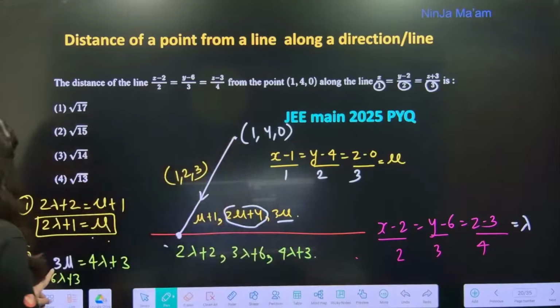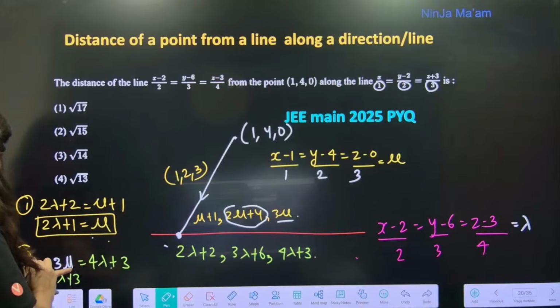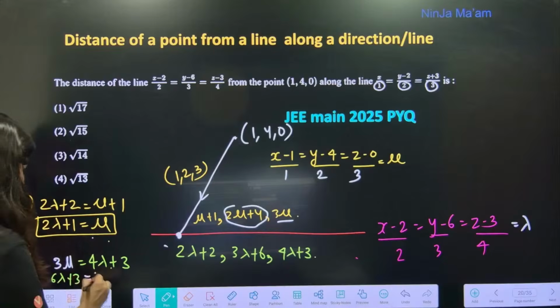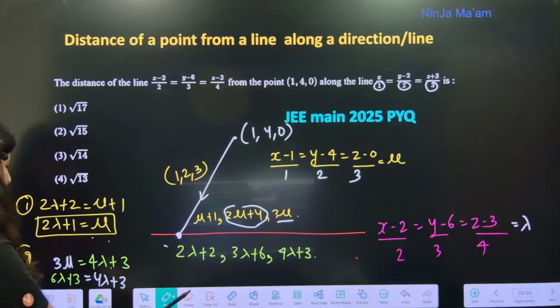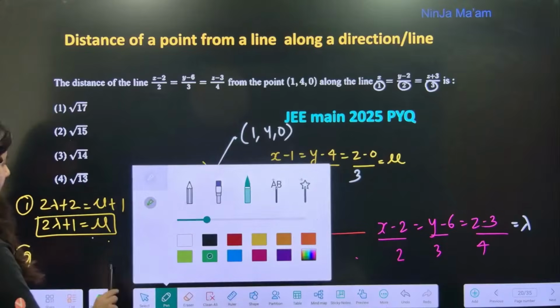If you put the mu value, it will be 2 lambda plus 1, correct? So mu will be 2 lambda plus 1. If you multiply it with 3, 6 lambda plus 3 is equal to 4 lambda plus 3. So lambda is coming out as 0 in this case. Sorry, I am making some mistake. Can you point it out?